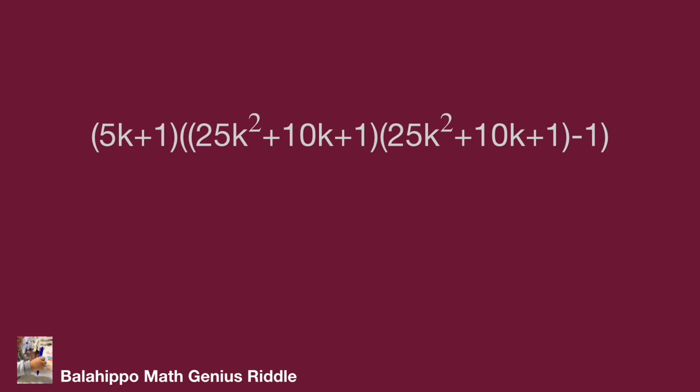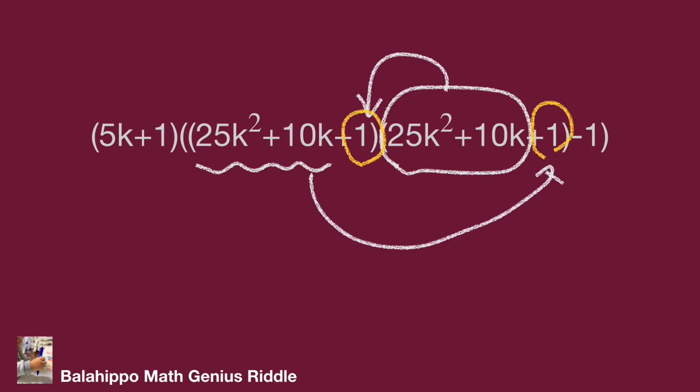Then treat 25k squared plus 10k as one item, plus 1 as the other item. Develop these two same quantities, 25k squared plus 10k plus 1.